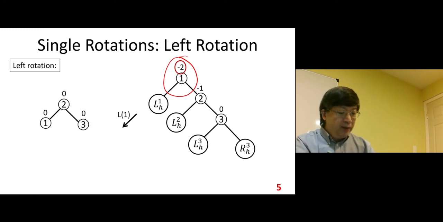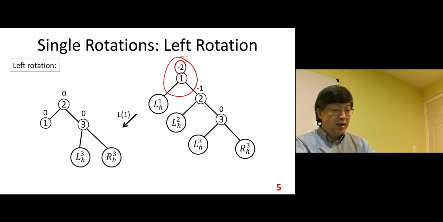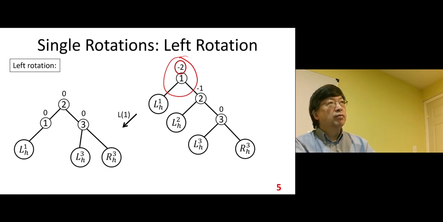We bring it down, then we need to attach those subtrees. Node 3 keeps its original 2 subtrees. Node 1 keeps its left subtree, but its right subtree is updated from node 2's left subtree.